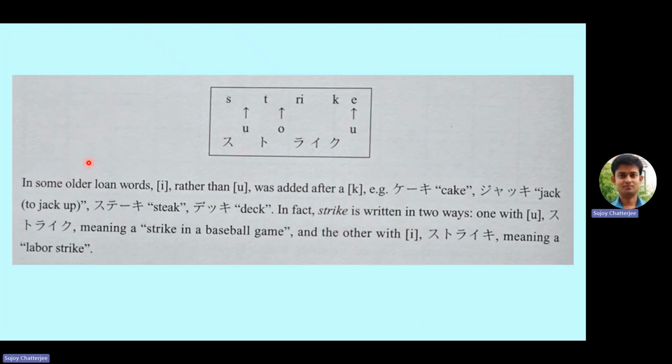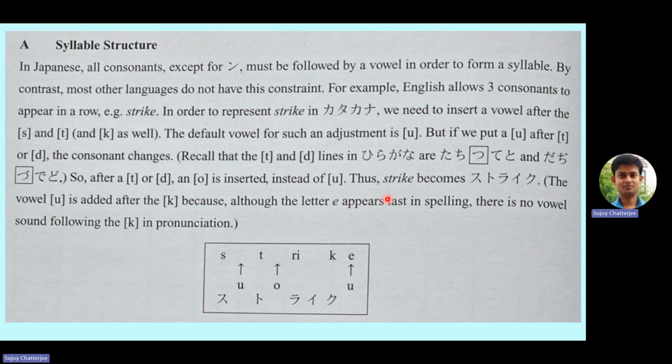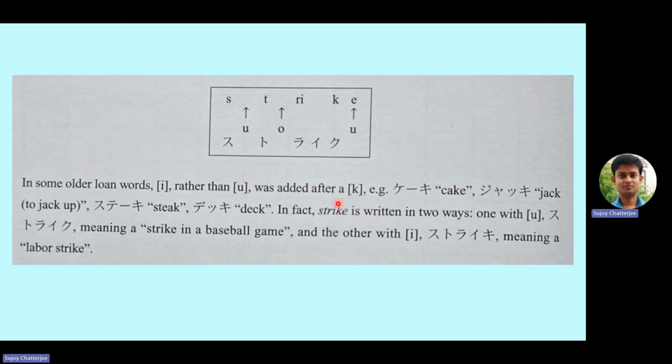In some older loan words, E rather than U was added after a K sound. For example, take the word cake. As you can see here, it's not keku. From the previous slide, you would wonder why it is not a U sound, why it's not keku, but it's keiki.